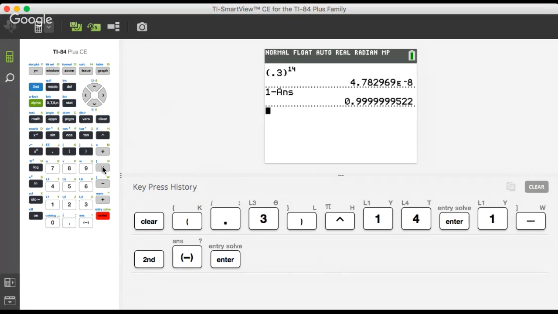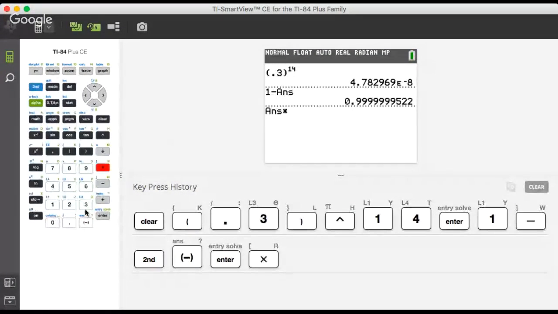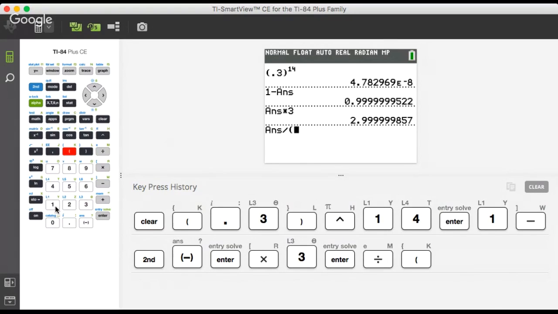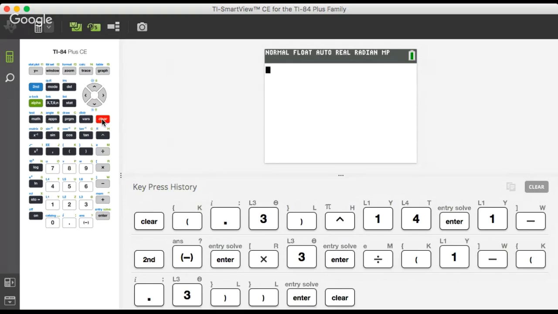We then multiply this by 3, and then divide by parenthesis 1 minus 0.3, or you could just put 0.7. As I do that, I notice that it's 4.29. Remember, the 5 is what bumps up that 8 to 9. So we get 4.29 as the answer there. Cool.